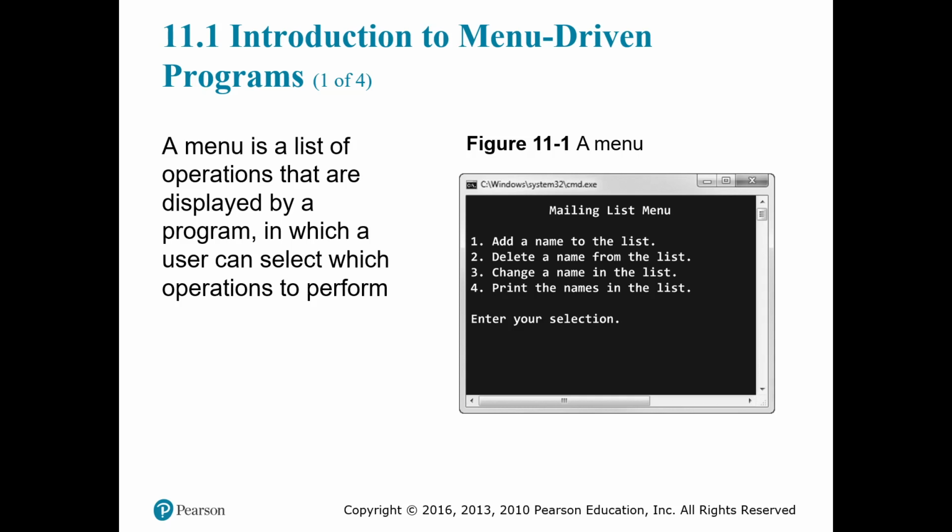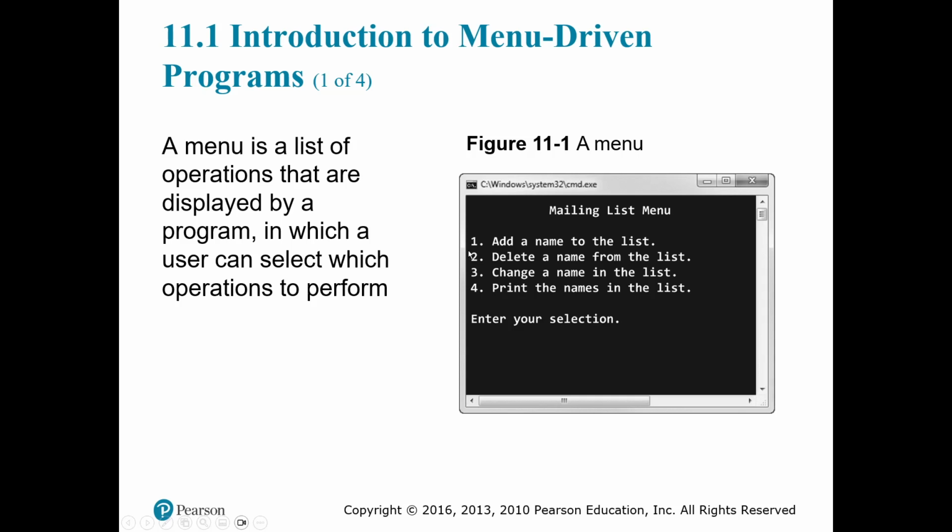So, what is a menu? Think of it as a list of operations that are displayed to the user by your program, in which that same user can select what they want the program to do, which operation needs to be performed. The example that we have right here, the mailing list menu, is just your most basic text menu.